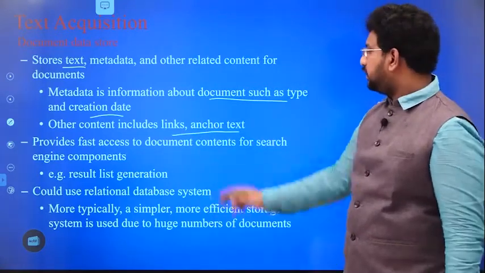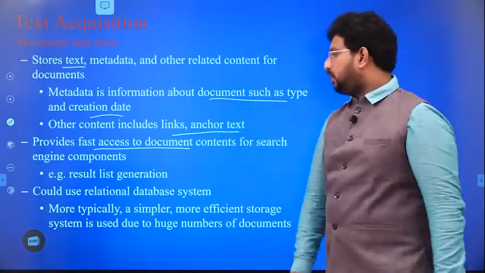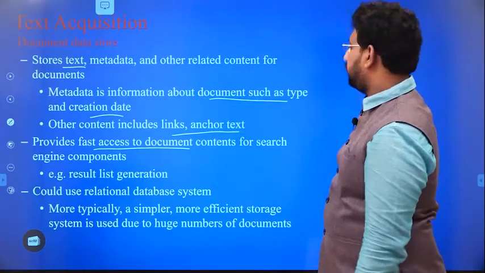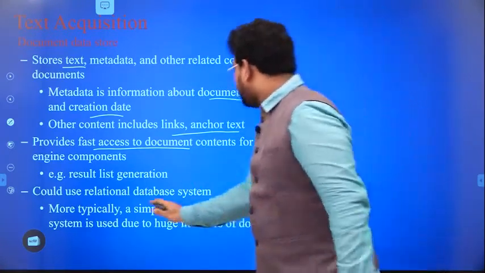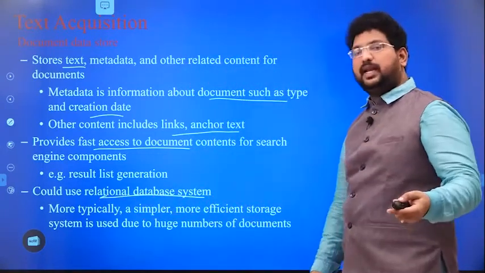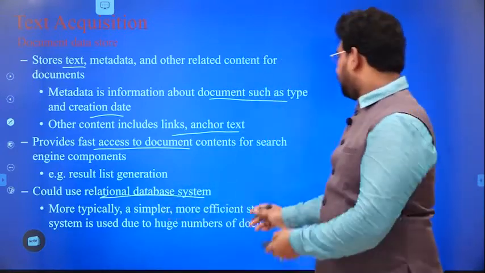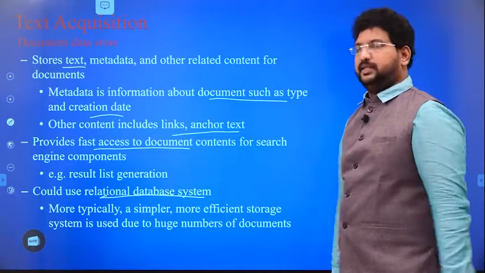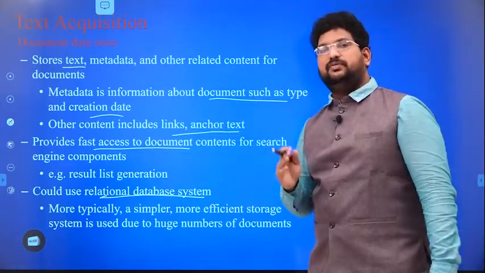It provides fast access to the document contents for the searching components, such as result list generation. It could use a relational database system, but more typically a more efficient storage system is used for huge numbers of documents. So the document data store is mainly responsible for that.